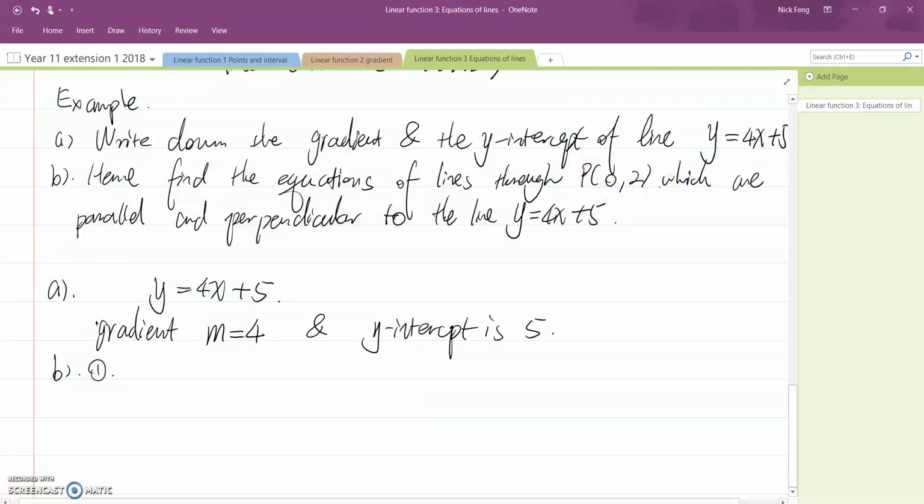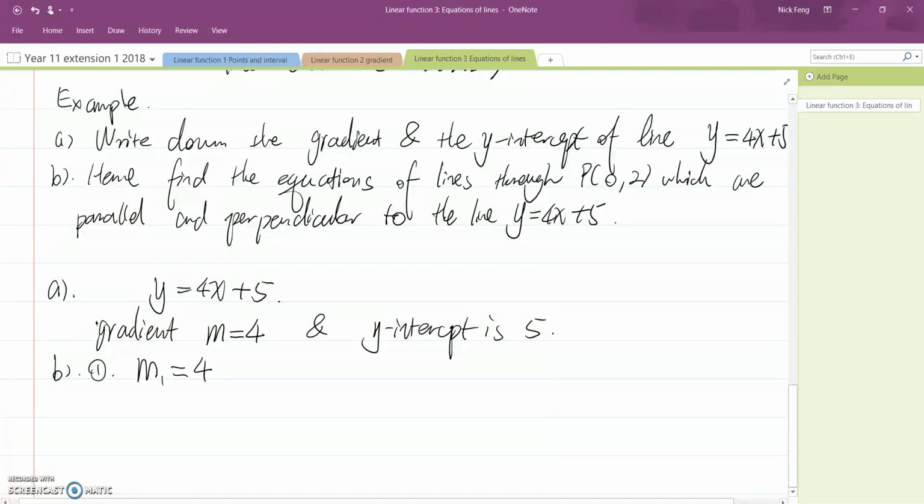Parallel means they have the same gradient, which we have mentioned in the previous lesson. If you haven't remembered that, pick it up now. Since it is parallel, the gradient we're looking for equals 4.